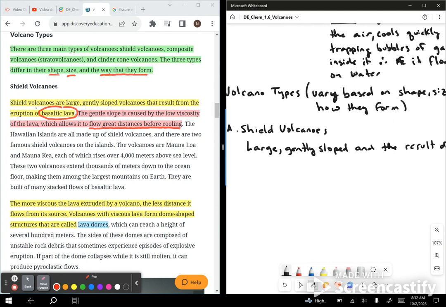The more viscous the lava extruded by a volcano, the less distance it flows from its source. Volcanoes with viscous lava form dome-shaped structures that are called lava domes. Okay, so this seems to be a qualifier.